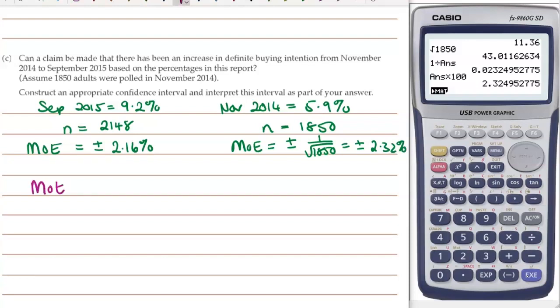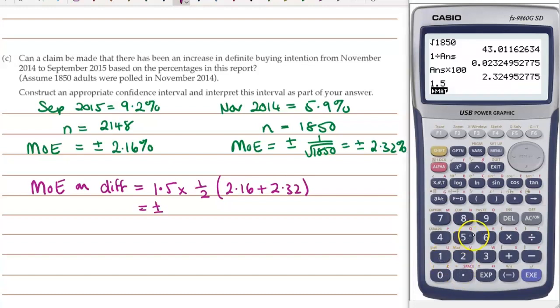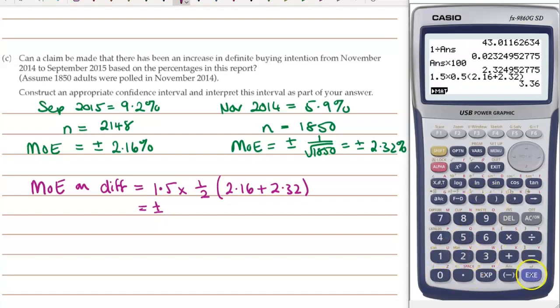So the margin of error on the difference, well, we've got 2 independent groups here, so it'll be 1.5 times the average of those two. Okay, so 1.5 times half of 2.16 plus 2.32 is plus or minus 3.36%.